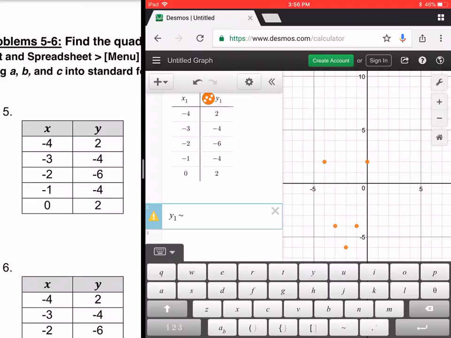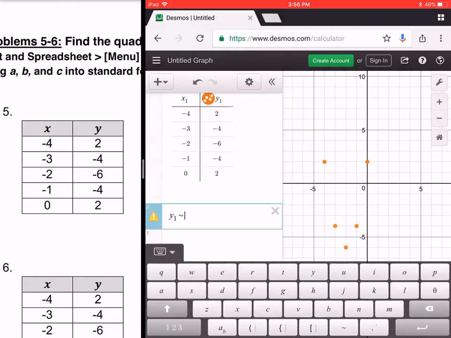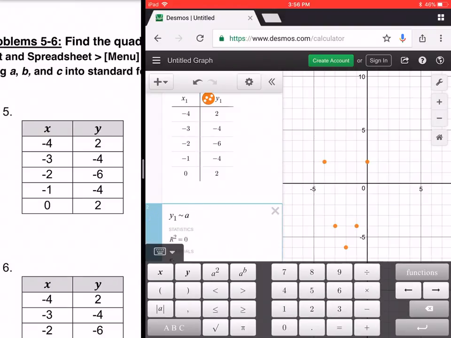So we're not going to have y equals, but that's why you've got to do y1 tilde, and then our equation, which was a, okay, and then it's going to be x squared. We're just putting in the standard equation.